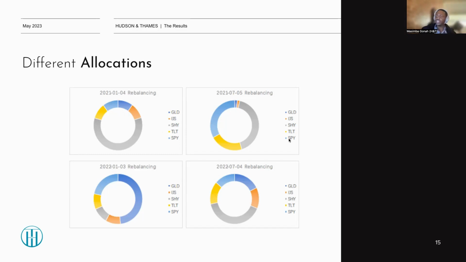Then at the beginning of 2022, a lot of our assets were in gold. And this dramatically changes towards mid 2022. Remember, after the significant event, now we have a significant amount of our money in cash.